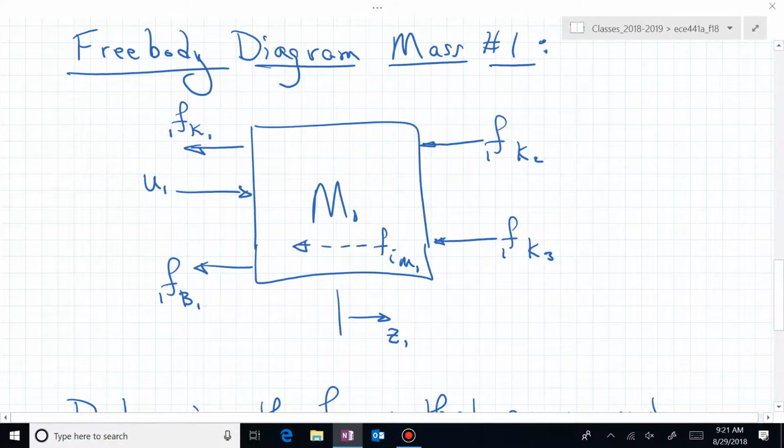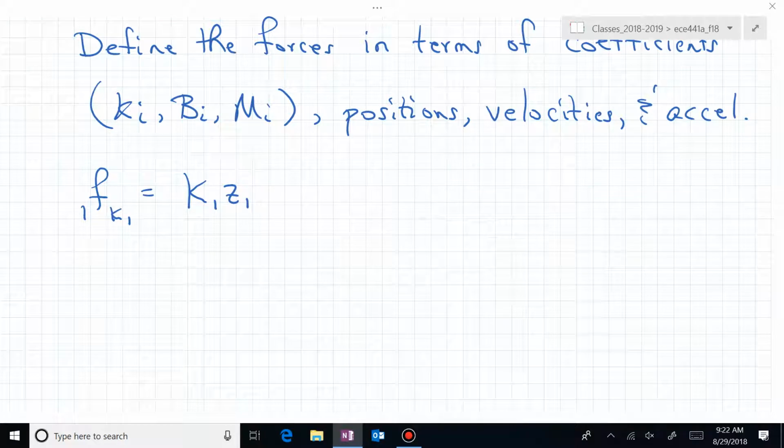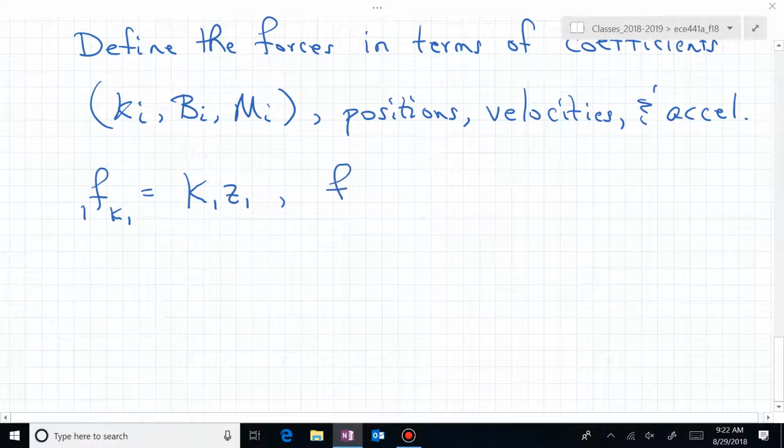Where were we? F1 sub K1 we said is K1 Z1. If Z1 moves in the positive direction that we've indicated, that will produce a positive F1 sub K1 in the direction that we've labeled it. That's what we want to make sure is consistent. What about F1 sub B1?